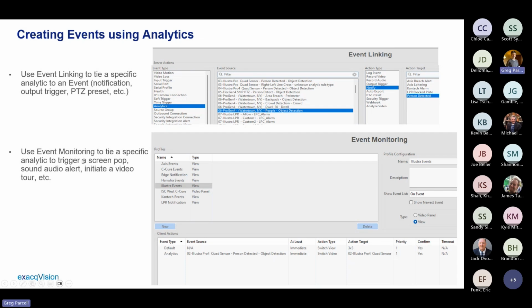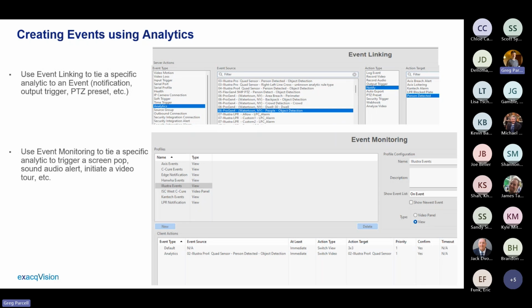Event monitoring is tied to doing something live on a monitoring station. So again, I've chosen an analytic, person detected, but in this case, my action type is switch video. So what I'm saying to the system is, whatever an operator is looking at, he could be looking at 16 cameras. If a person came into this area, I'm going to change the focus of that monitor to that particular camera.